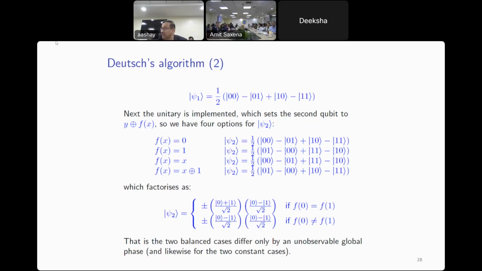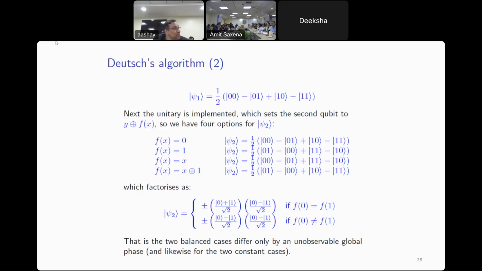But the unique condition is that in both of the possibilities, the first qubit is different. If f(0) equals f(1), the first qubit is a superposition of 0 plus 1. And in the second case, the superposition of the first qubit is 0 minus 1.